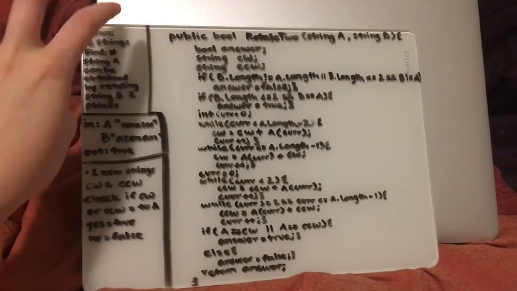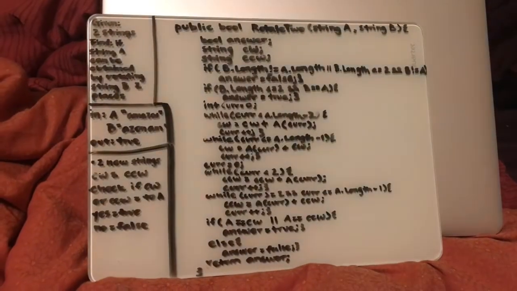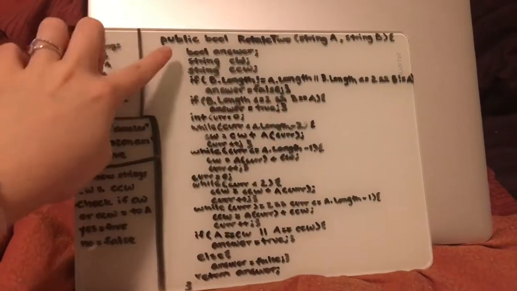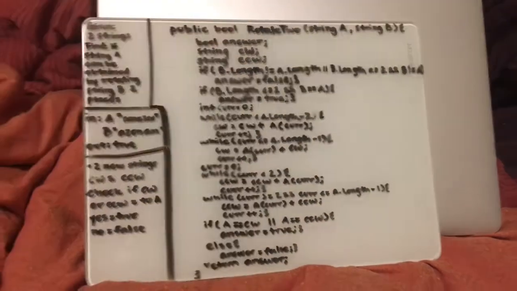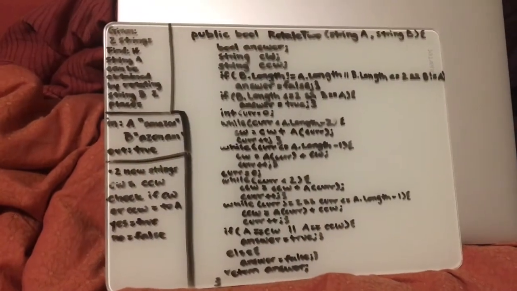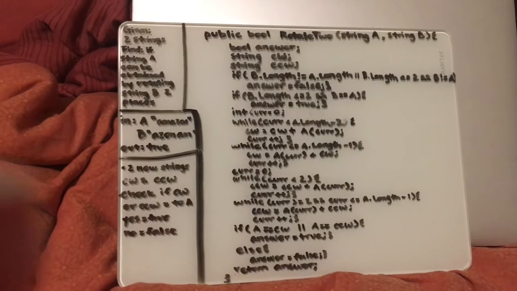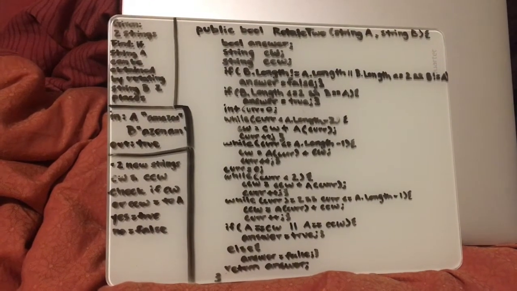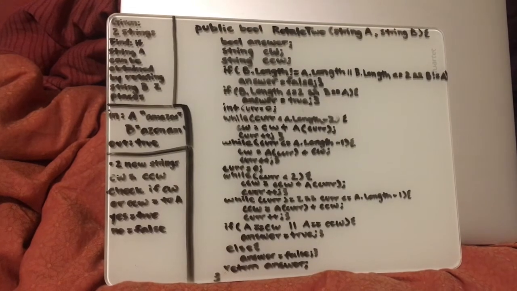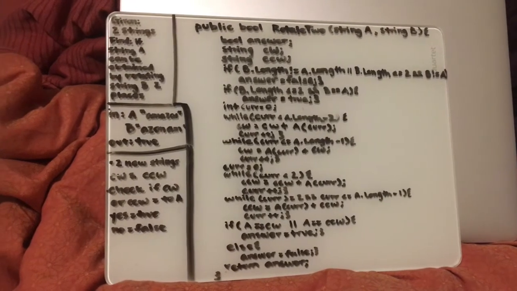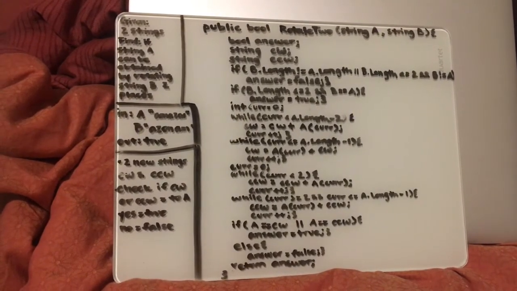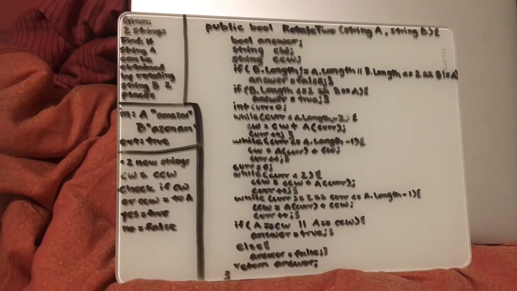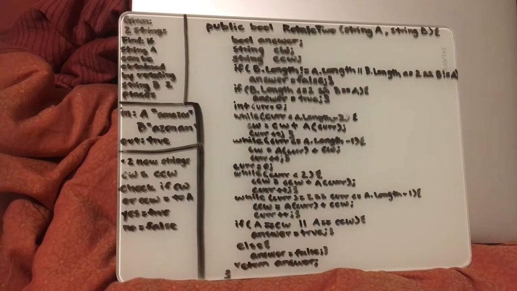So now I've written out the code. Our method is going to return a Boolean, called it rotate2. It takes in string A and string B. I created the Boolean that will return, which I called answer, string CW for clockwise, and string CCW for counterclockwise.